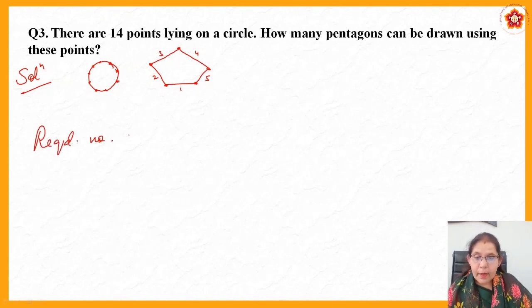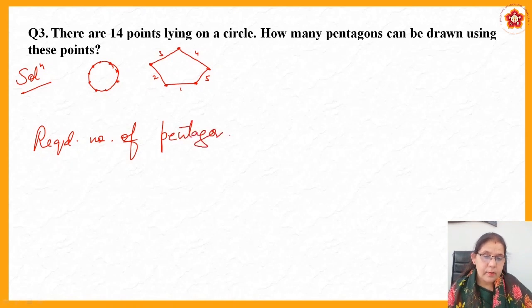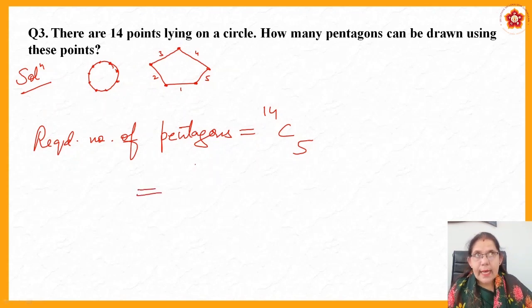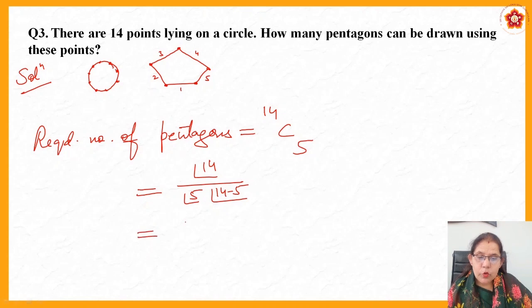So the required number of pentagons is equal to 14C5. We have to take 5 points at a time. Now solve this. It is factorial 14 upon factorial 5 into factorial 14 minus 5. Let's see what answer we get. This is 9 here.